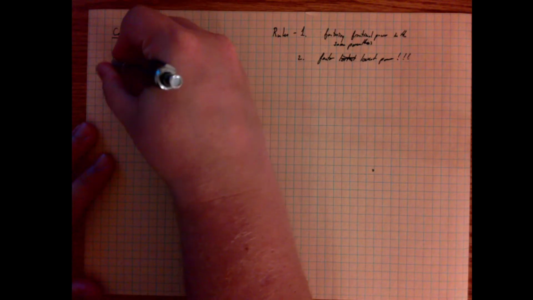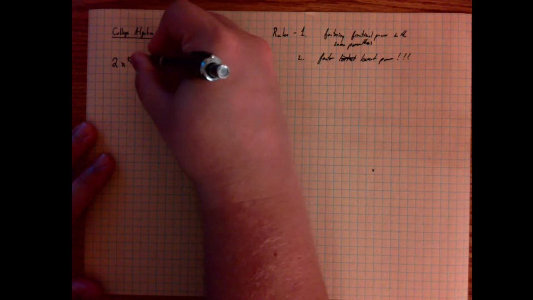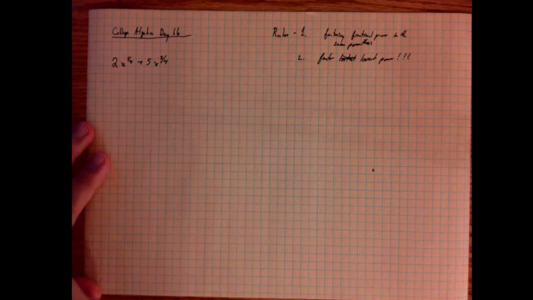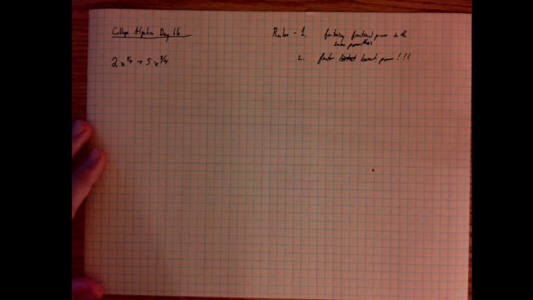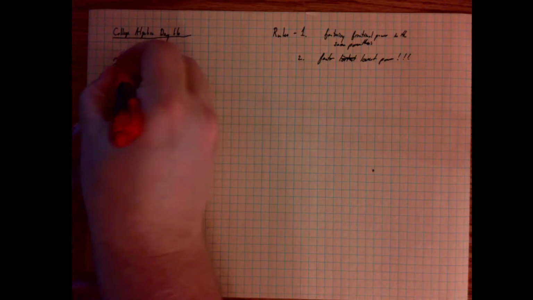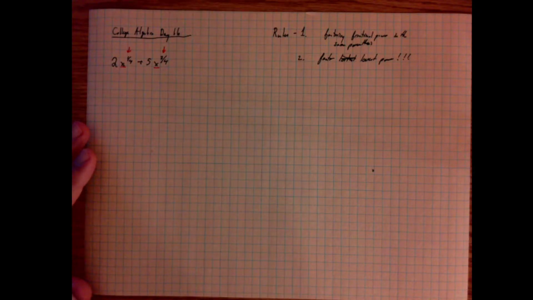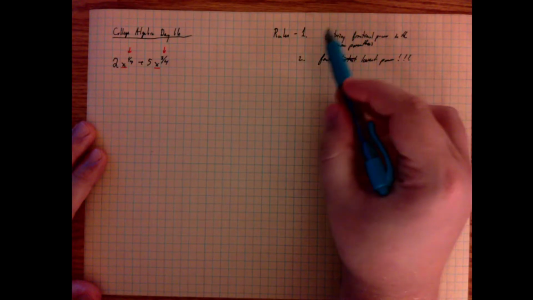So I have 2x to the 1/4 power plus 5x to the 3/4 power. Now you notice here in this example that we have just x's, which is beautiful, raised to these fractional powers. We have a power of 1/4 and a power of 3/4. This first of all showcases our first rule.